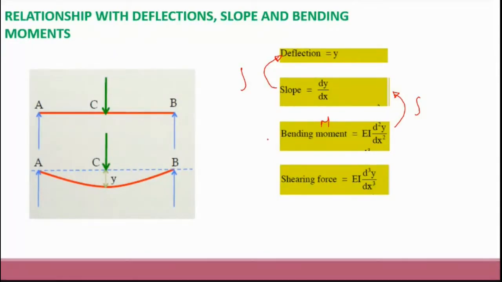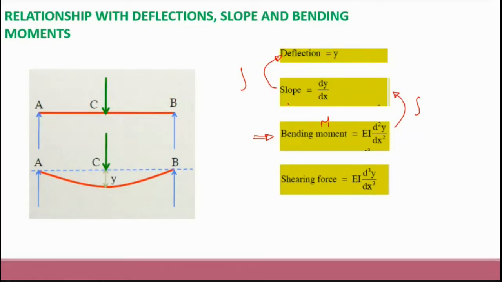We start from here, because most of the time we won't get the shear force, so this is easy for us. We'll identify the bending moment at that particular point. Then to identify the slope, I will integrate once. To identify the deflection, I will integrate again.